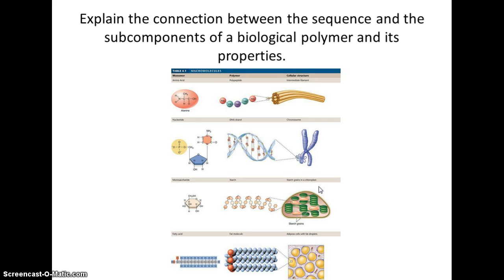So a quick review, you know that the amino acids connected together make a polypeptide chain. Those polypeptide chains can then make proteins into quaternary structures. The nucleotides combine together to make DNA or RNA. DNA makes a double helix, RNA makes a single strand.